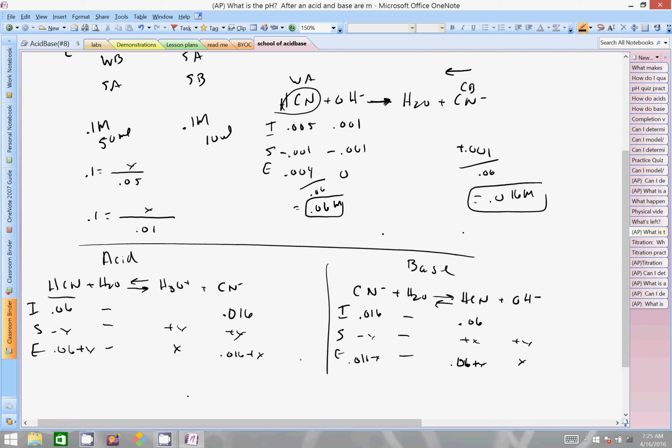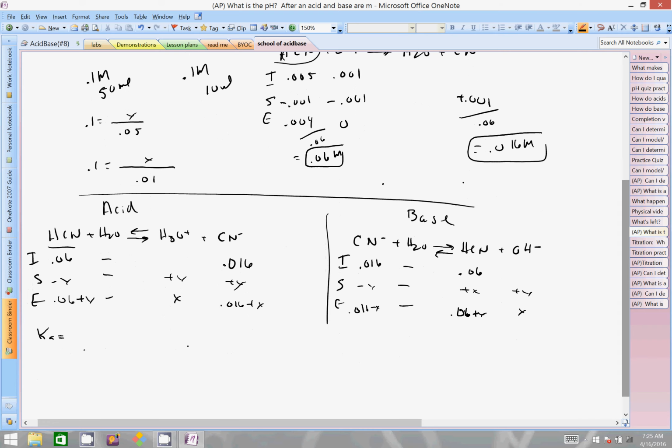Now, because this is an acid equation, we would use a Ka value, which for HCN is 6.2 e to the negative 10th equals x times 0.016, using the shortcut rule here, divided by 0.06.